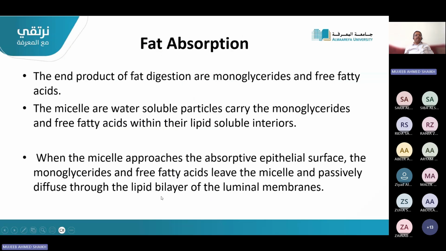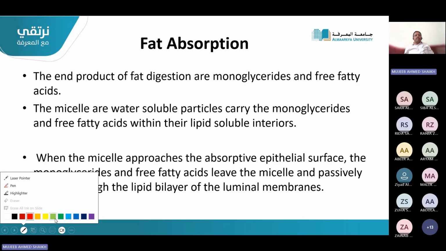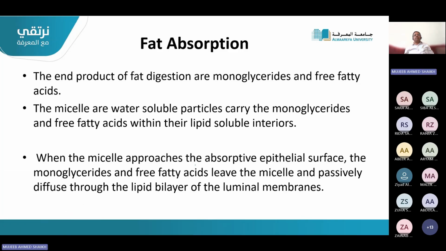Okay, coming to fat digestion, how will fat digestion occur? Fat absorption occurs when monoglyceride and free fatty acids, the products of digestion, form micelles along with the bile salts.